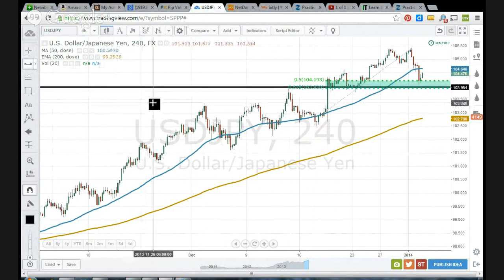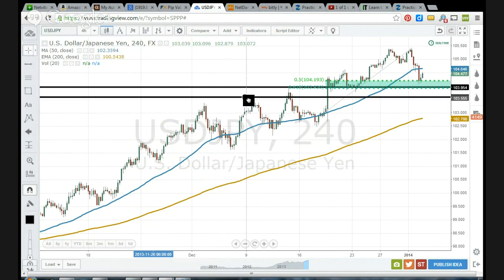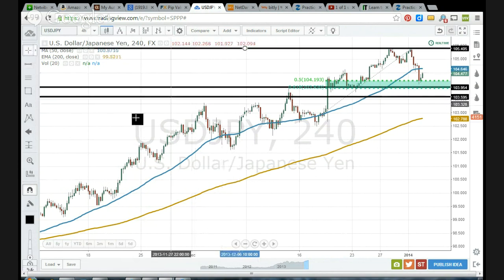Where would I put the stop? 103.55 probably. There we go. 40 pips away. And target. Here we go.